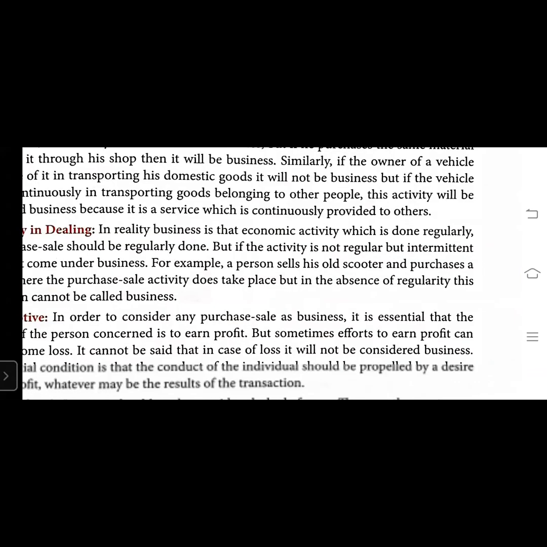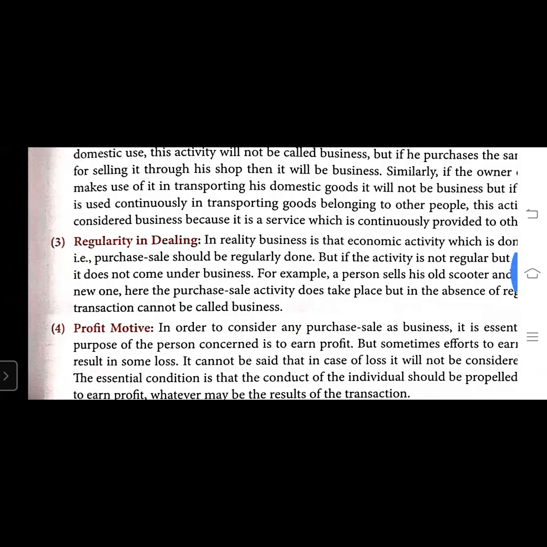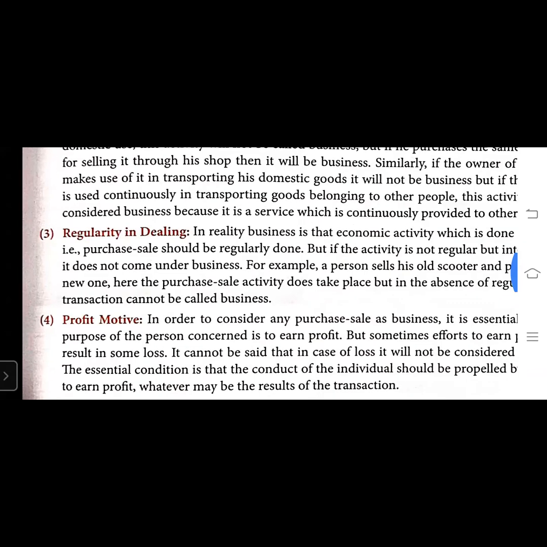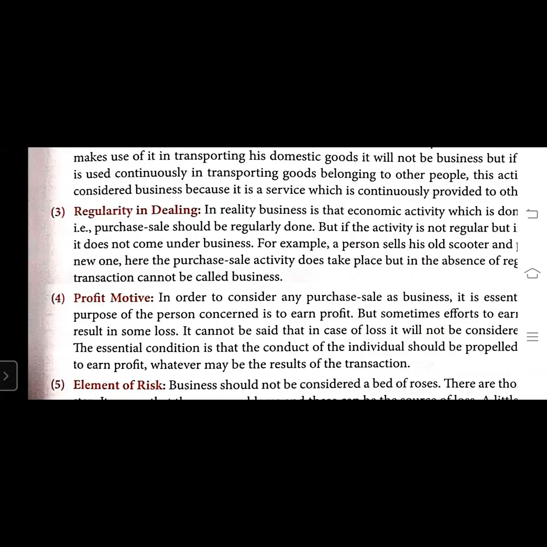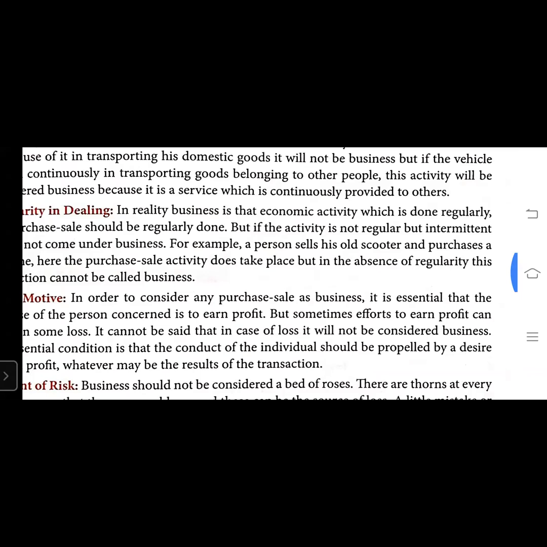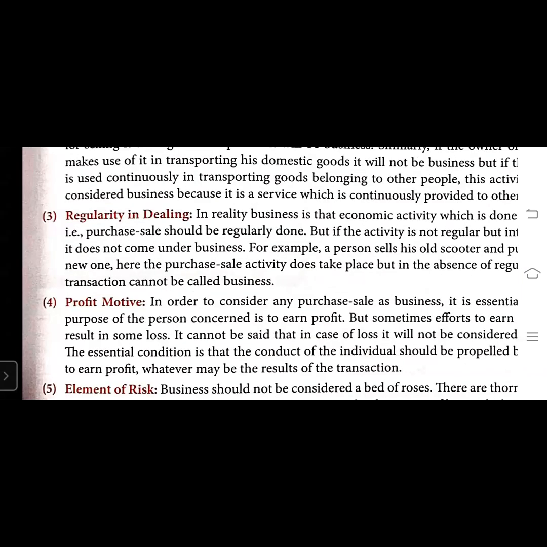For example, a person sells his old scooter and purchases a new one. Here the purchase and sale activity does take place, but in the absence of regularity, this transaction cannot be called business. Means if any person does any activity only one time, that is not a business because regularity is missing in that activity. It should be on a regular basis.